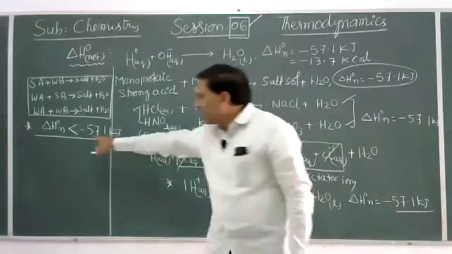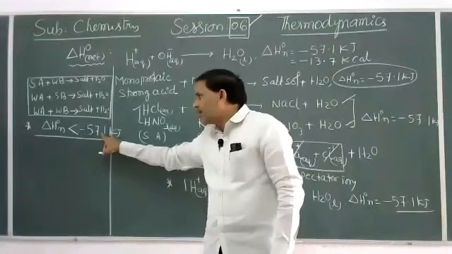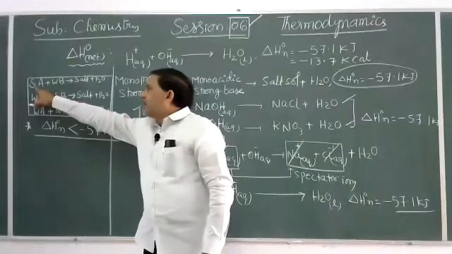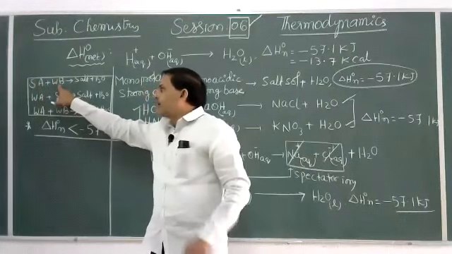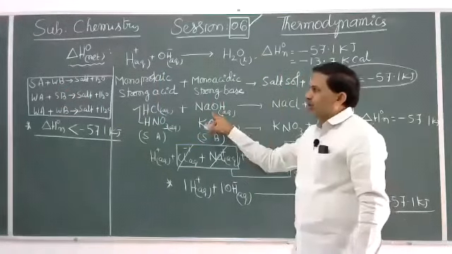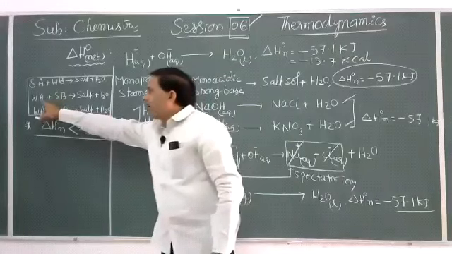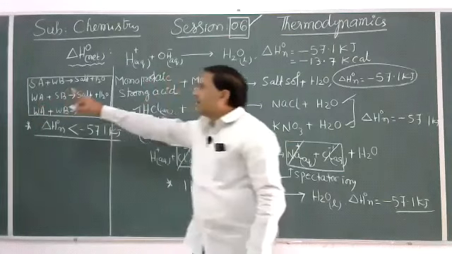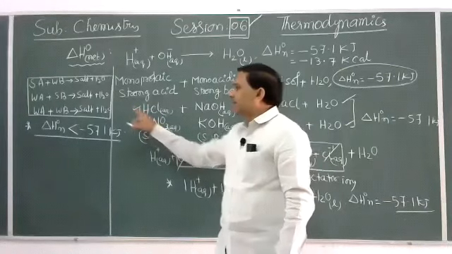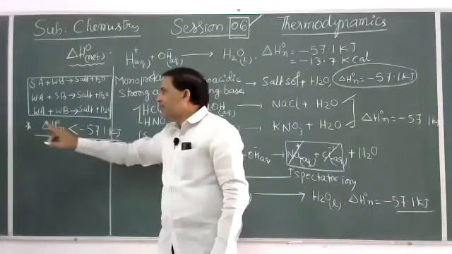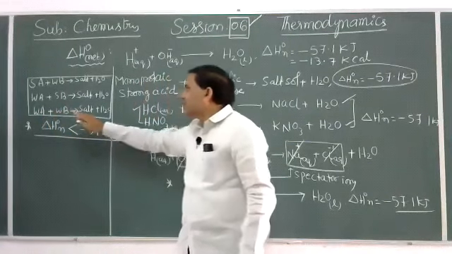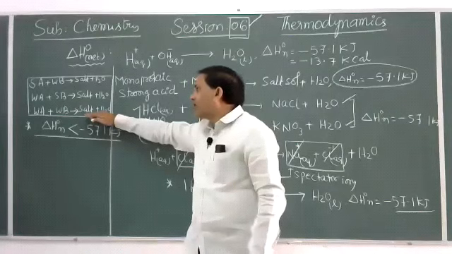Why is it less than 57.1 kilojoules in these three cases? A weak base cannot ionize completely like a strong base such as NaOH, and a weak acid cannot ionize completely like HCl, while a strong one ionizes. When both are weak, they cannot ionize completely, so it doesn't produce exactly 1 mole of water.